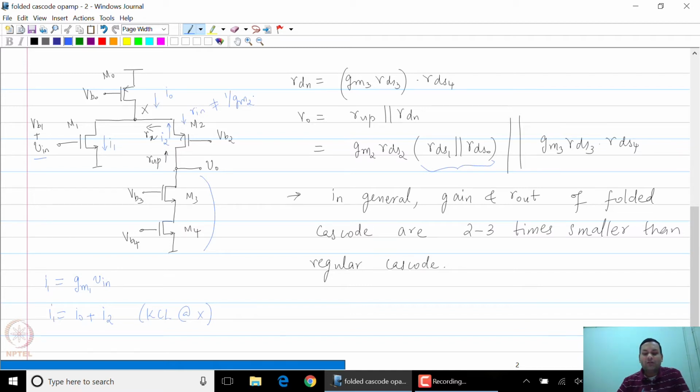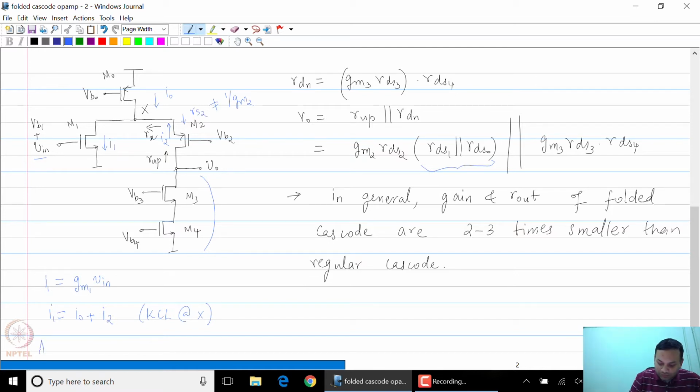Now this current will flow through the output node at V0. The total output impedance is given by R out, and therefore that will give you a certain amount of gain. So this will give you the small signal gain. Let us assume that we design M0 such that it has much higher impedance compared to the RDS of M1 and the input impedance at the source of M2. I am going to call that RS2 so that we distinguish it.